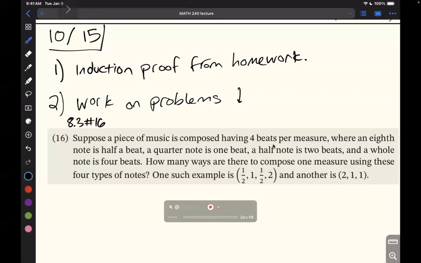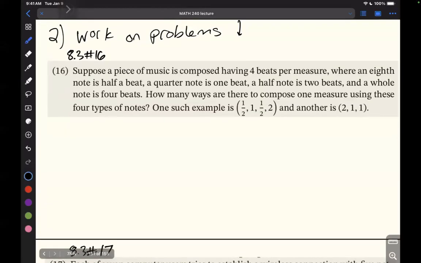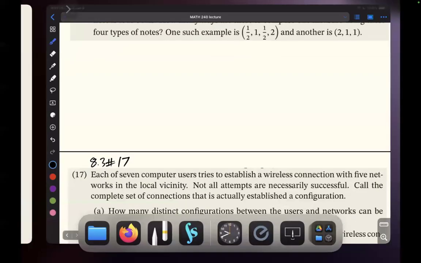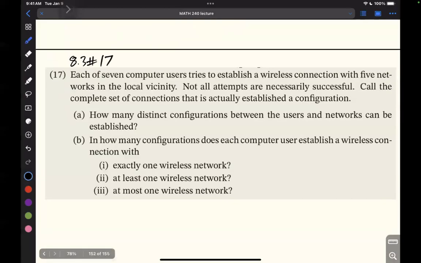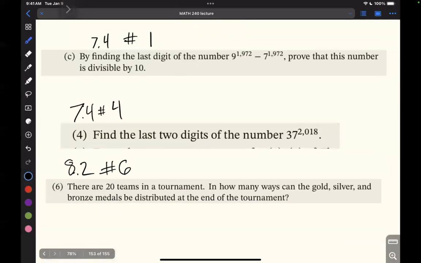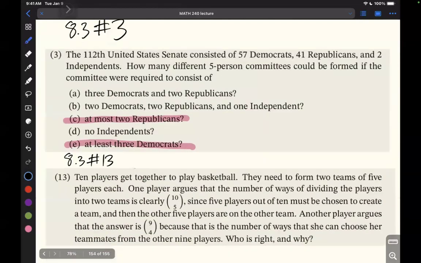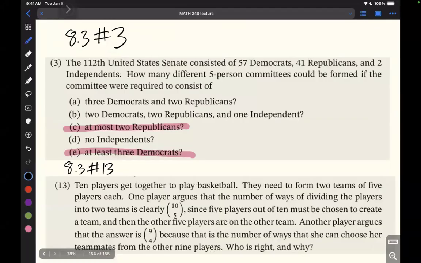All right. So for the rest of the class, I can't scroll on there. I can scroll on here. So for the rest of the class I have the measure problem from last time, the computer problem. And then several problems from the homework, some that we haven't done in a while. So maybe let's try and do those. I want to make sure we talk about this one, the at most 2 Republicans, at least 3 Democrats, because that one's tricky.